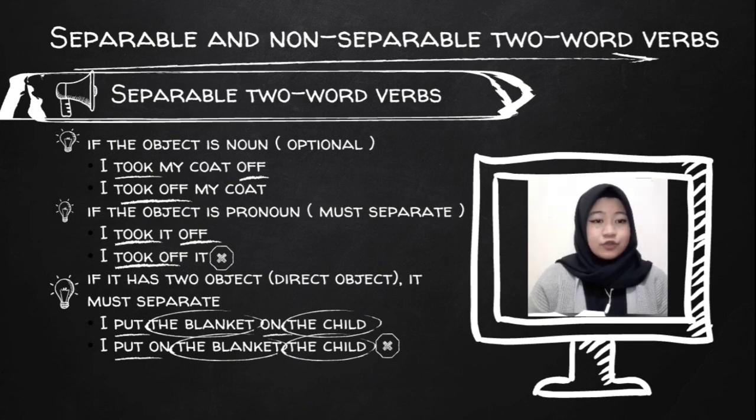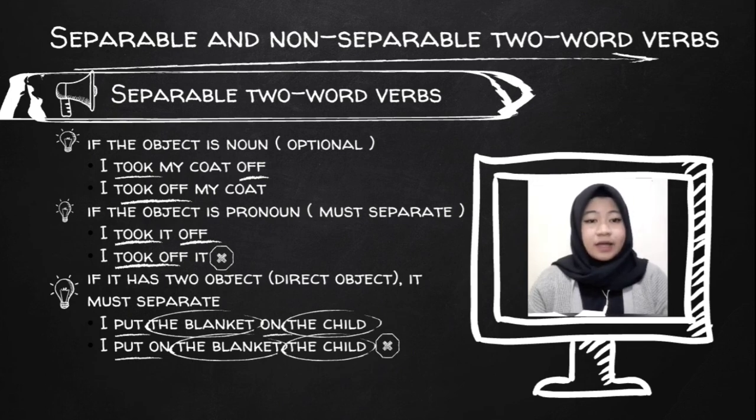Next, if it has two objects or direct objects, it must separate. For example, I put the blanket on the child. Here, the phrasal verb is put on and separated by the objects, the blanket, and the child.